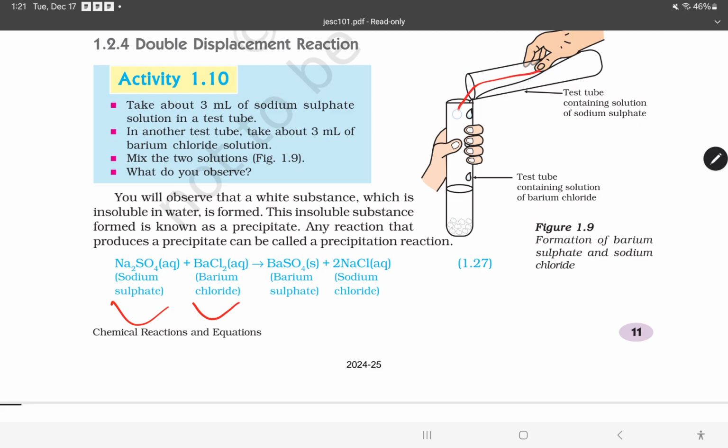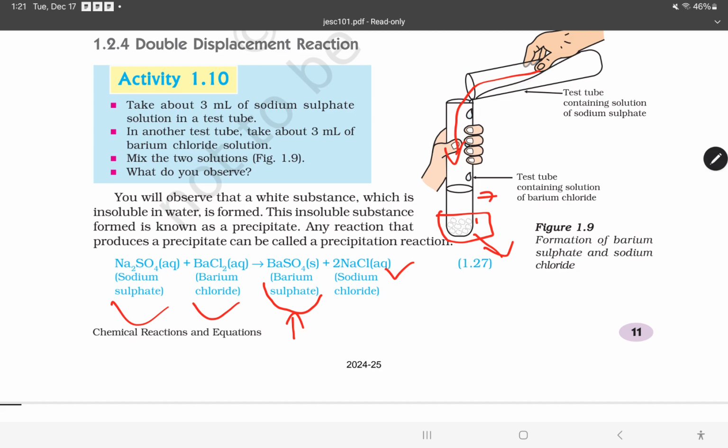So we are pouring barium chloride into the sodium sulfate solution. So after some time what you will observe, here barium sulfate precipitate you can see. After some time you can find this precipitate at the bottom of the test tube, which is in the solid form. So this is known as barium sulfate, and sodium chloride solution you can see in the tube, which is in the aqueous form.